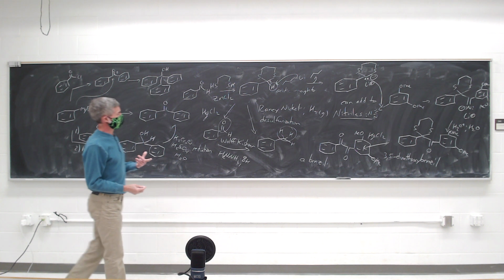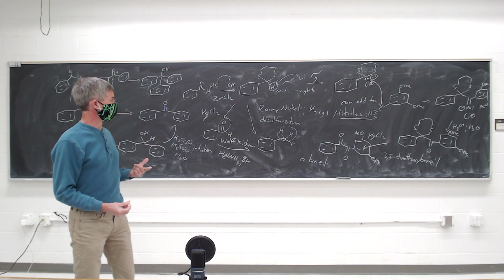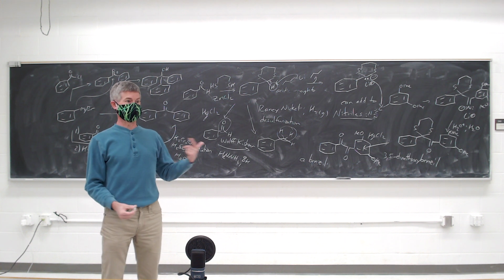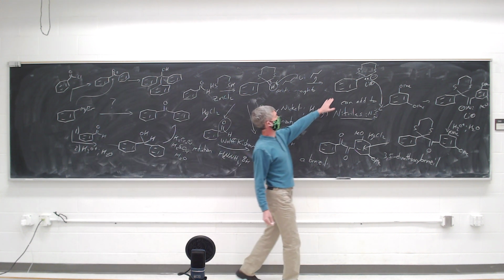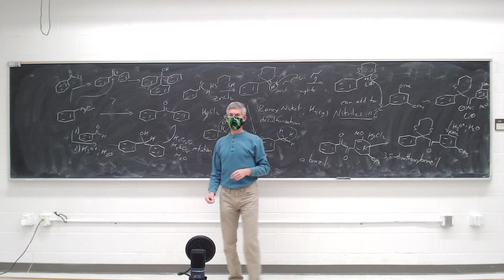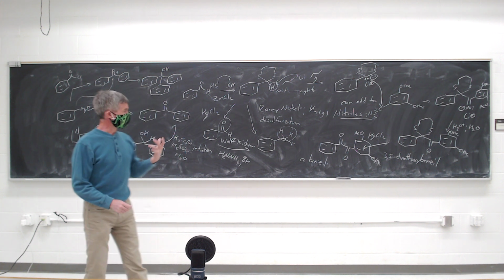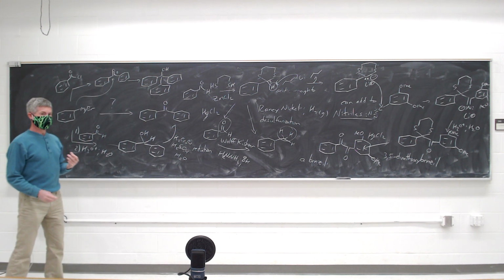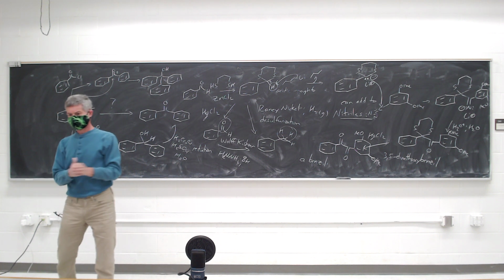So we can make alpha-diketones by taking our dithiane anion, and instead of adding it to an aldehyde, we add it to a nitrile. If we want alpha-hydroxy ketones, we add the dithiane anion to an aldehyde. If we want alpha-diketones, we add it to a nitrile. And in both cases, you have to remove the protecting group using the mercuric chloride.